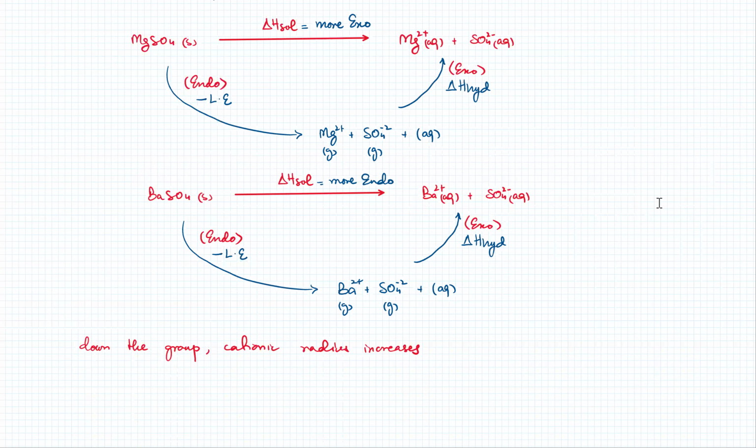So down the group, what happens? Cationic radius increases. So because of that, both your lattice energy and your enthalpy of hydration would decrease. Why do they decrease?